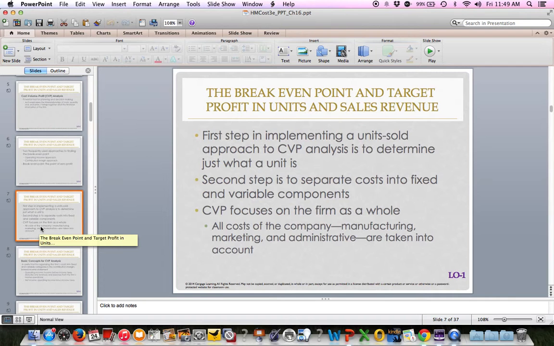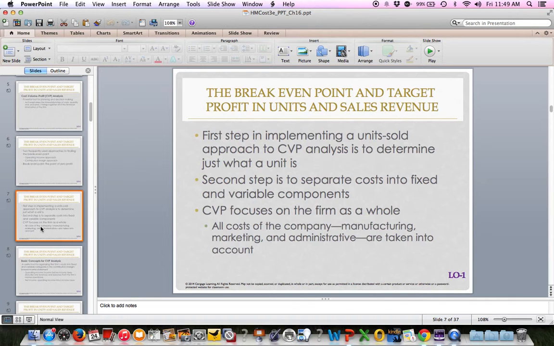The first step in implementing a unit sold approach to CVP is to determine just what a unit is. And they talk about that just a little bit on the top of 823 when they first start the chapter. If I'm a service firm versus a manufacturer, what is a unit? They give examples of Delta Air, a couple different airlines, Mayo Clinic, Procter & Gamble, JetBlue.